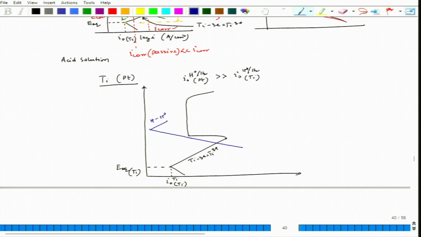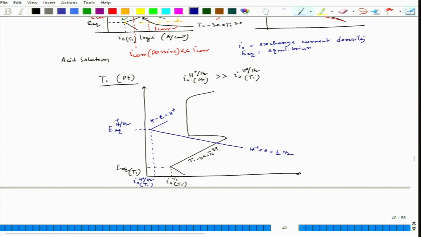So this is H+ plus electron equals H, and this segment is the hydrogen evolution, and this is E equilibrium for hydrogen, and this corresponding point is I0 on the titanium surface, that is the hydrogen evolution exchange current density, and we know that I0 is the exchange current density, E equilibrium is the equilibrium potential, and this is non-corroding.